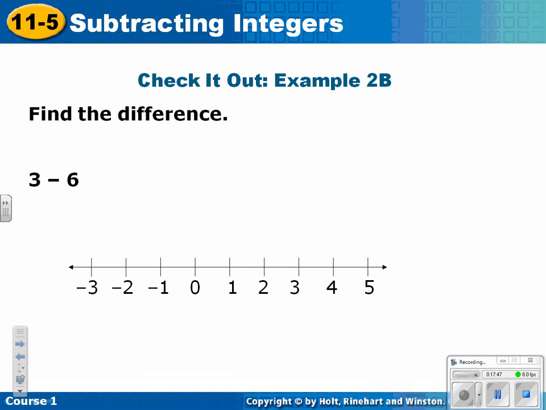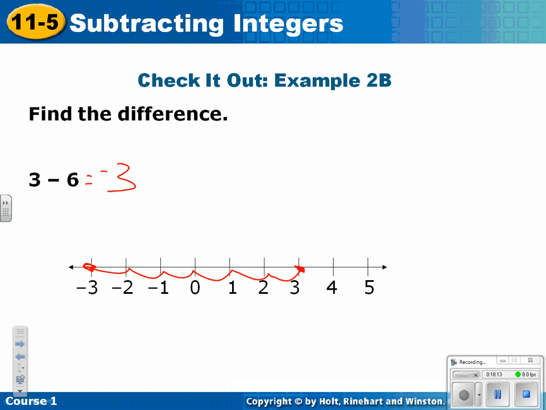You're also going to have problems, well, okay, 3 minus 6. This is minus a positive. You don't have 2 minuses, so you go to the left. So you put your finger on 3, and because it's just a minus a positive, you move to the left. 1, 2, 3, 4, 5, 6 equals -3.